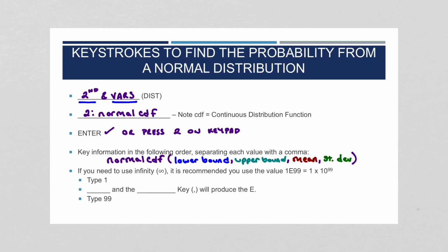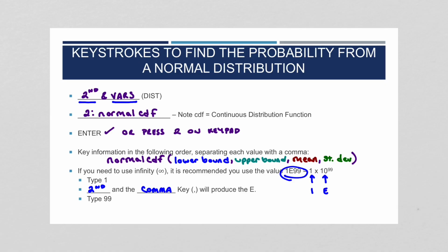If you do want to use, for example, 1E99, you would first type 1. Then you hit second and the comma key. If you're wondering where the comma key is, it is located above the 7 key. The E is going to represent your times 10.